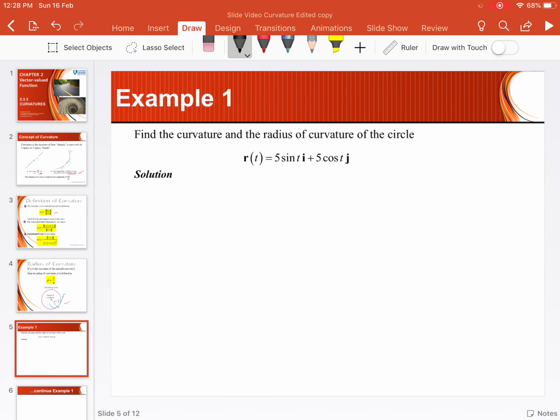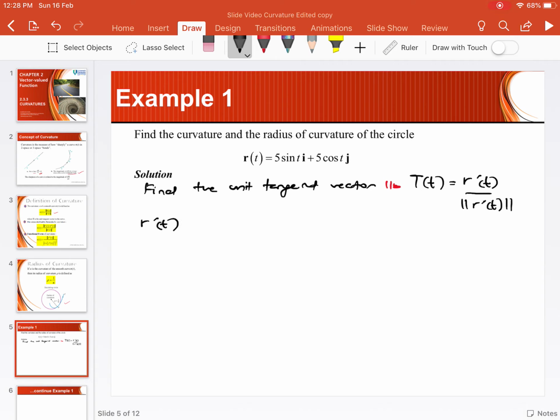Now we need to find the unit tangent vector, r prime t divided by the magnitude of r prime t. So of course, first of all, we need to differentiate our r. So we have r prime t equals, differentiate 5 sin t, we get 5 cos t.